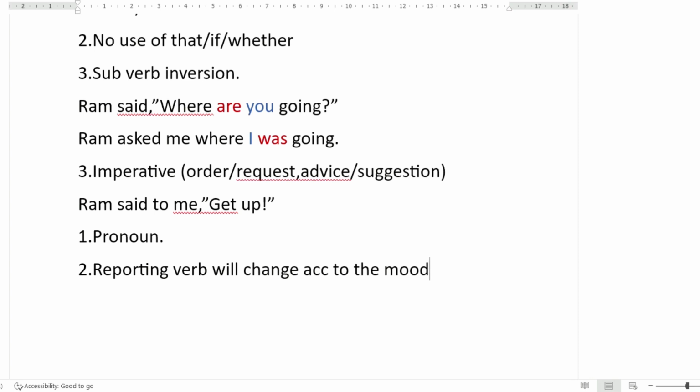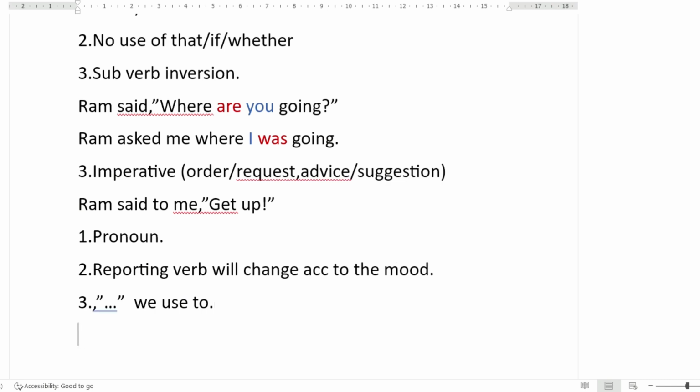As you can see in the sentence Ram said to me, get up, Ram is ordering me. So said to will change to ordered. Fourth, to remove the comma and inverted commas, in this case we use to.